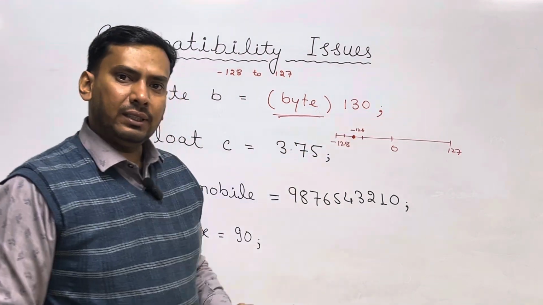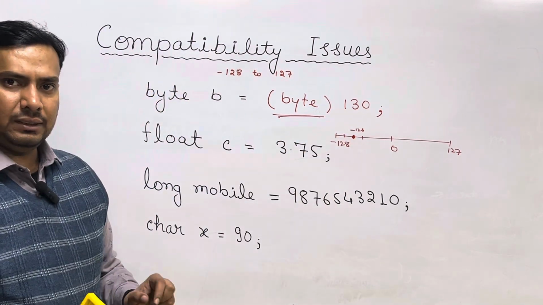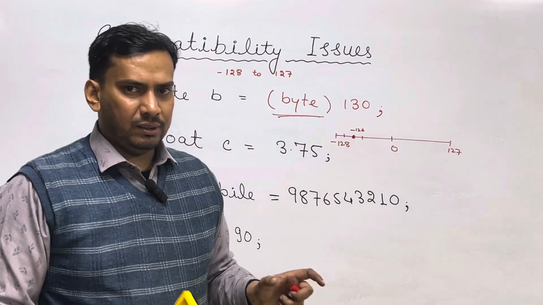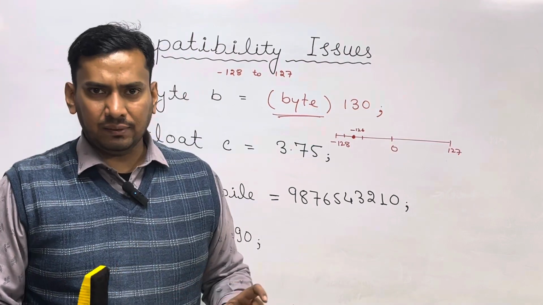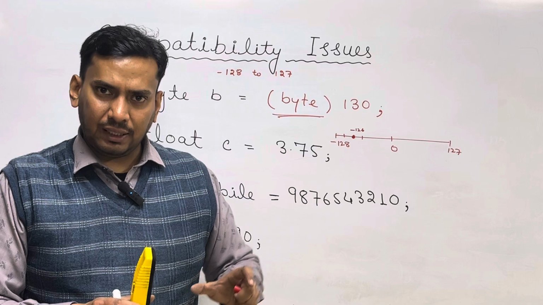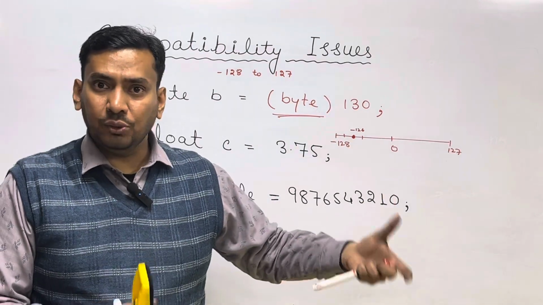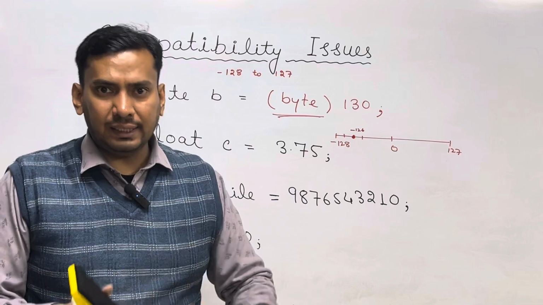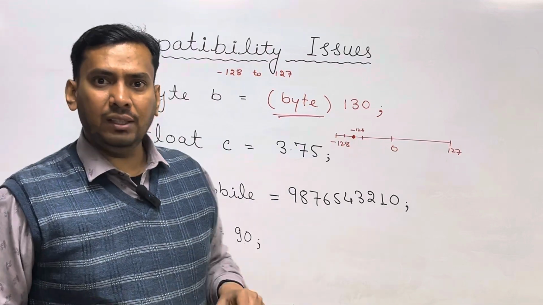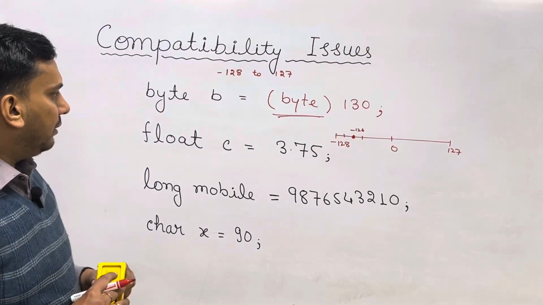So this is for the integer types, means byte, short, int, long. If the value is within the range of that type, no problem, no conversion, but if you are trying to assign the value beyond the range, you have to do the type conversion, but the value will be readjusted according to the range of the actual data type.